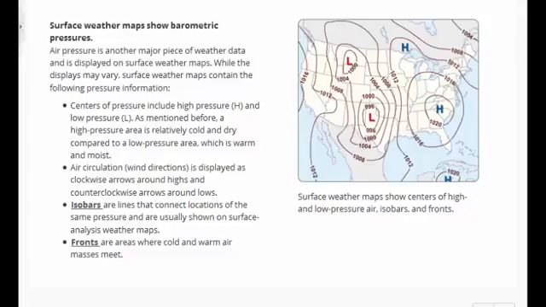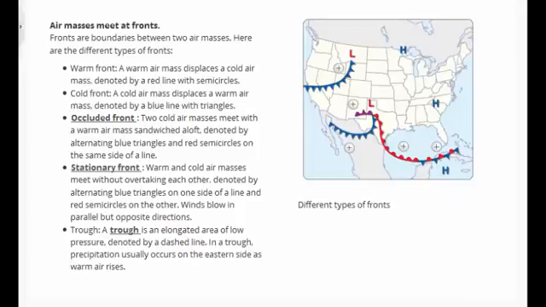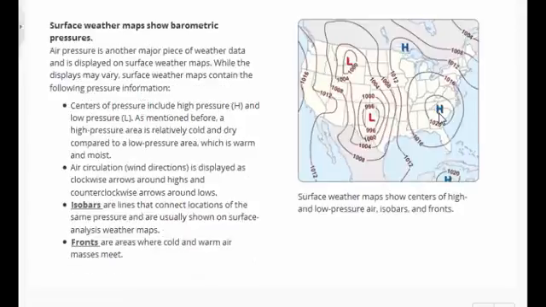Make sure you remember that high pressure typically has cold and dry air. Low pressure is warm and moist air, so make sure you know that. So if the air pressure is increasing, the air pressure is getting higher, you can expect to have cold and dry air coming in your area.